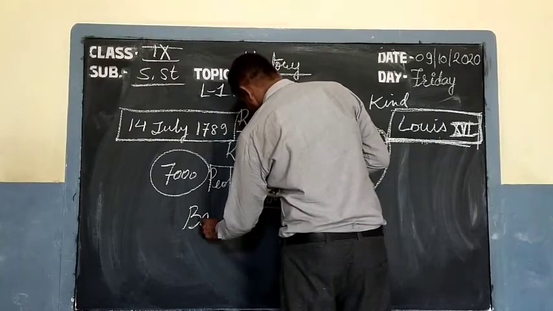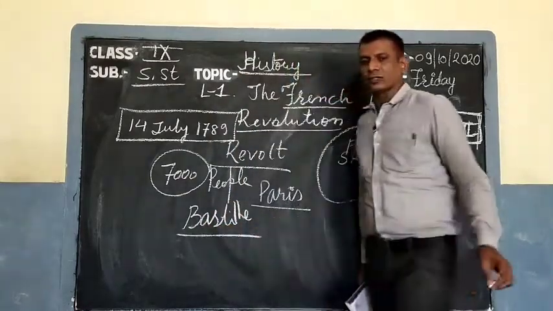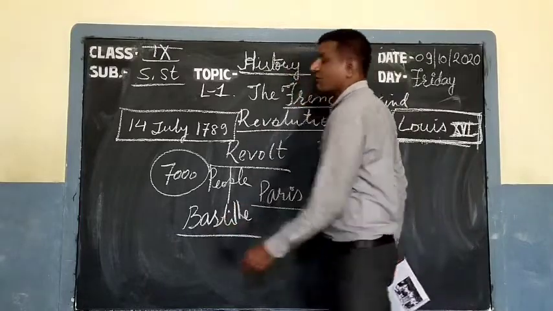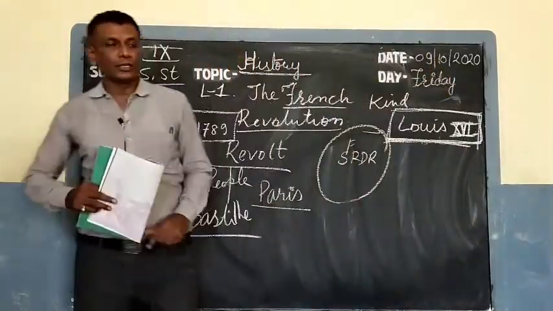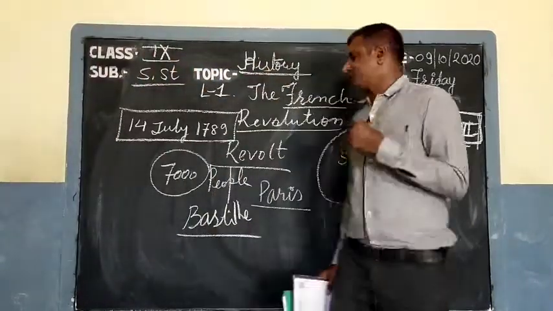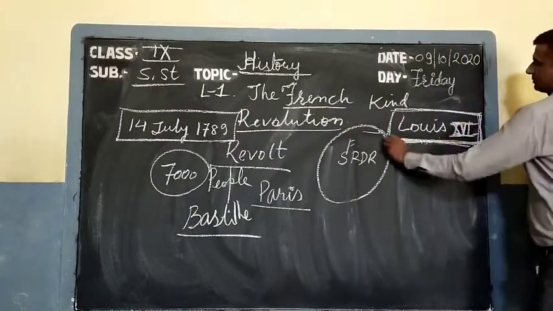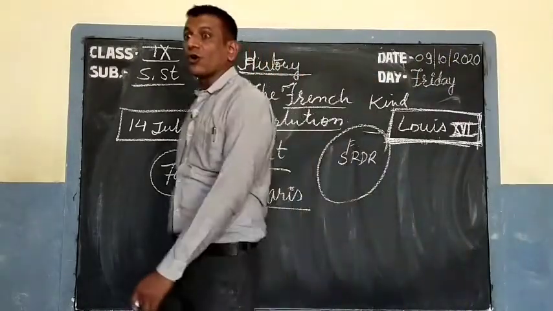I am writing on the board the main words which are very important for you to know, so you can note them down. Bastille was a fort of the king. The king was Louis XVI, and Bastille was the fort.